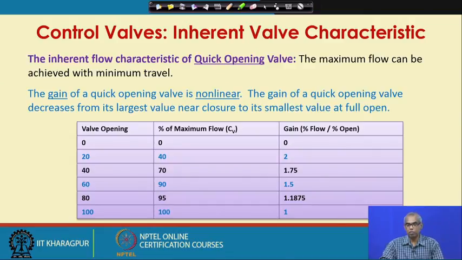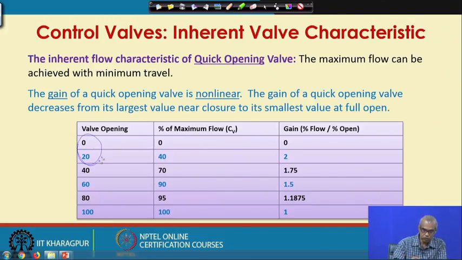This is for quick opening valve. The maximum flow can be achieved with minimum travel. Again, look at the data. For the valve opening 0 to 20, the percentage of maximum flow or CV changes from 0 to 40, whereas valve opening 80 to 100, same increment by 20, but the CV changes only from 95 to 100.